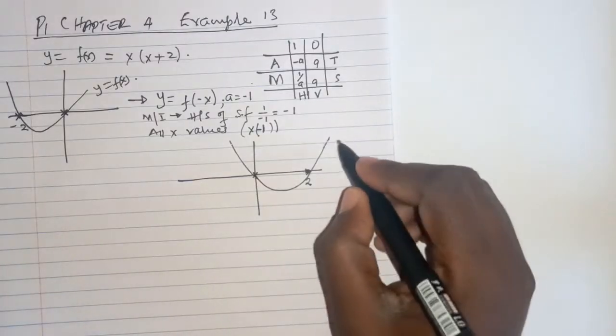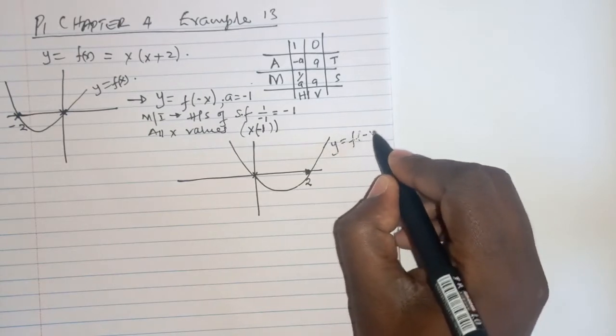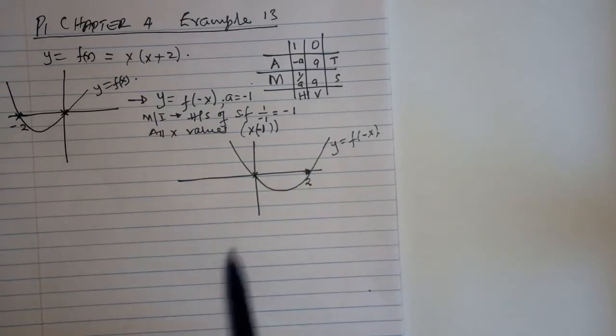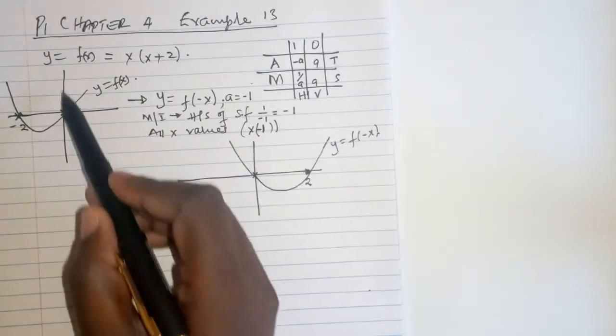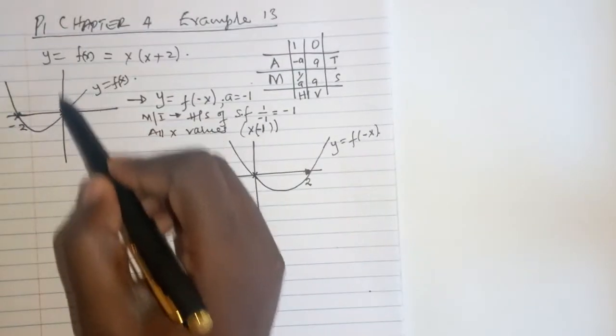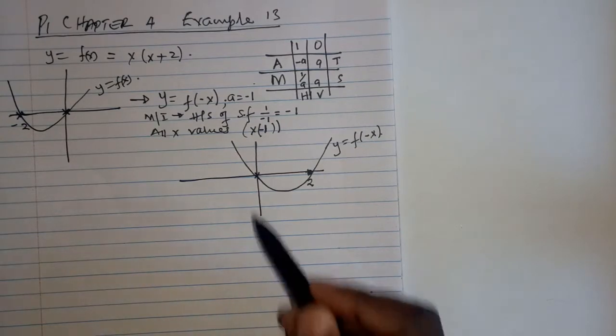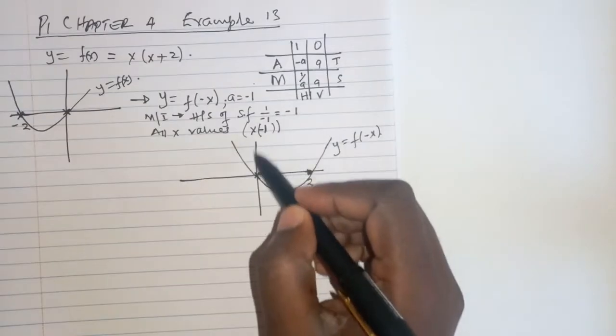You would see that this is the graph of y equals f(negative x). Clearly, it is a reflection of the original graph along the y-axis. This is the mirror line.